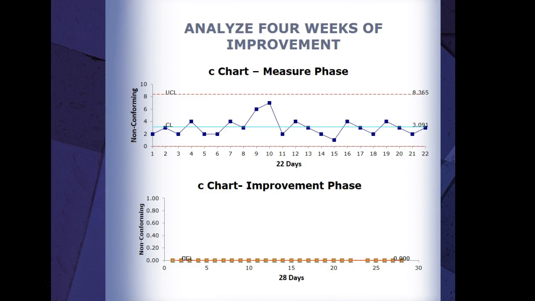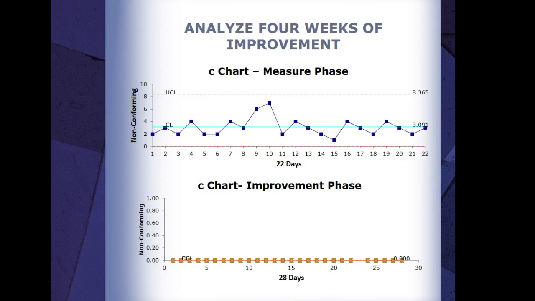So what you're seeing here on the top chart, I chose to use a C chart because my subgroup was the same. Every day it was just one day, one day, one day. There was no variability on that. And I counted total nonconformities. I combined shoes and clothes.